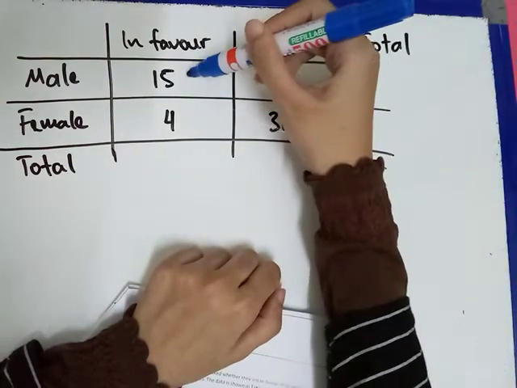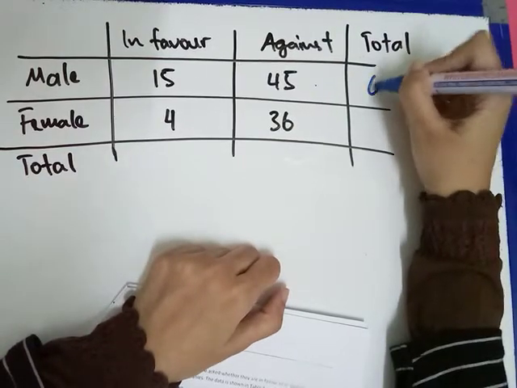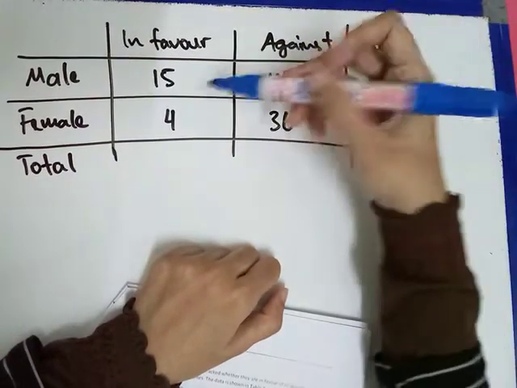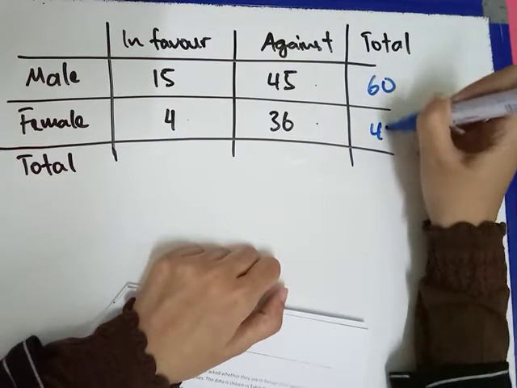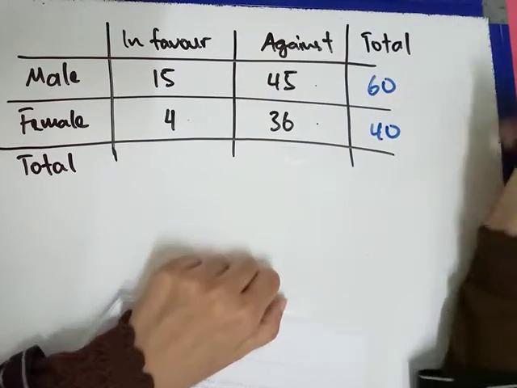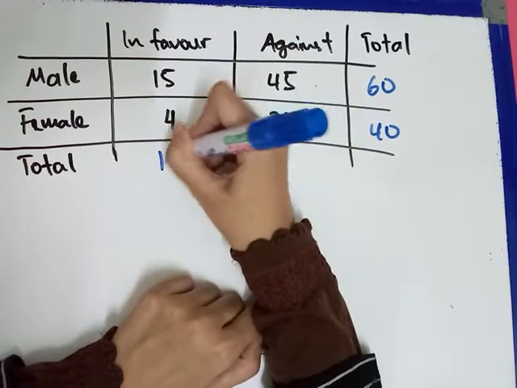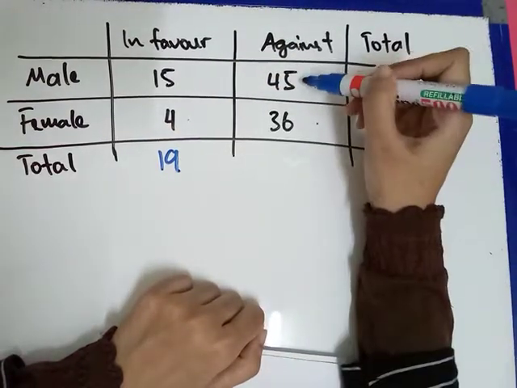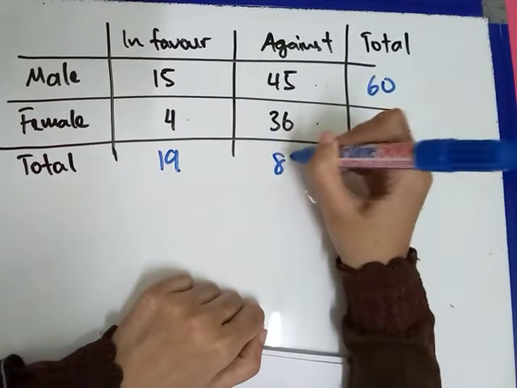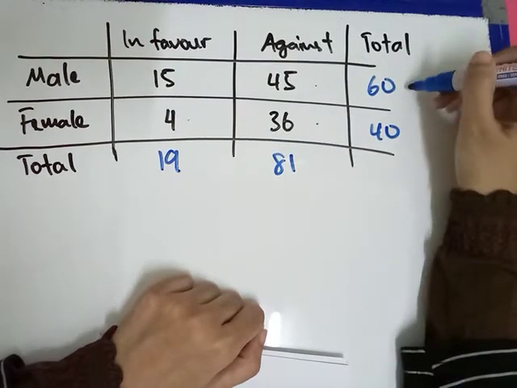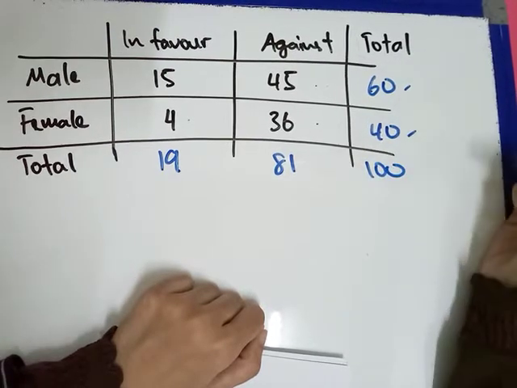For male berapa? 15 plus 45, you get 60. Female, 4 plus 36, you get 40. For in favor, the total up 15 plus 4, you get 19. For against paying, 45 plus 36, you get 81. And then total up 60 plus 40, you get 100.